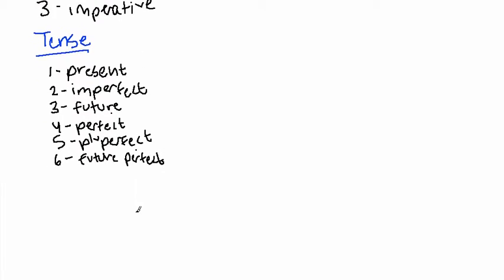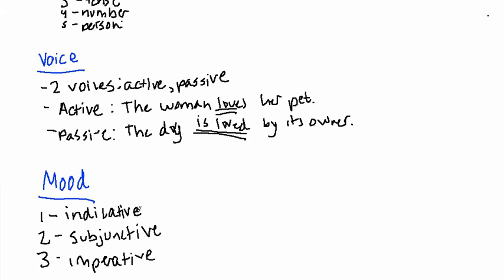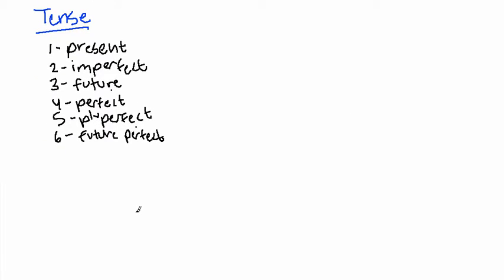Okay, so next up we have our fourth characteristic. And that will be our number. You should already be familiar with this concept if you've covered the nouns already. Basically, number just indicates if it's singular or plural.